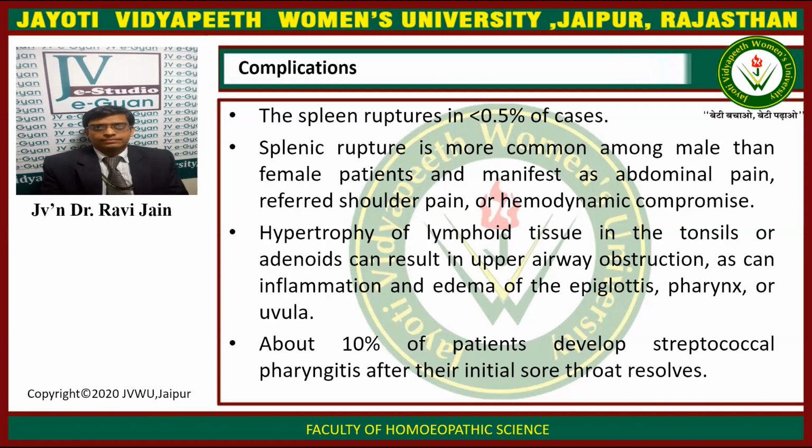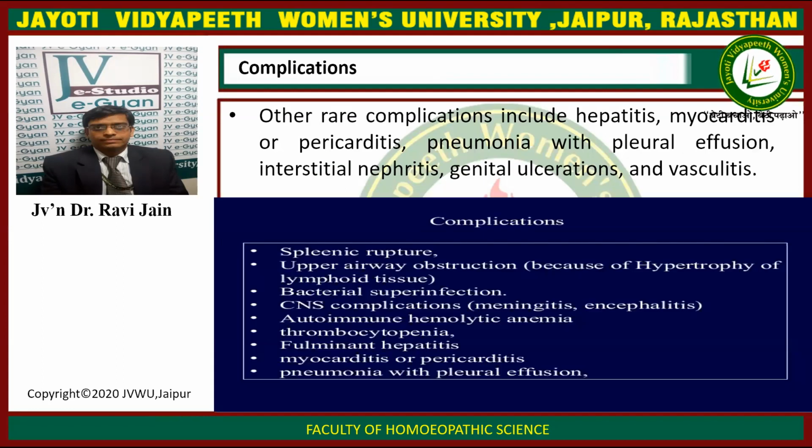About 10% of the patients develop streptococcal pharyngitis after the initial sore throat resolves. The other rare complications include hepatitis, myocarditis or pericarditis, pneumonia with pleural effusion, interstitial nephritis, genital ulcerations, and vasculitis.